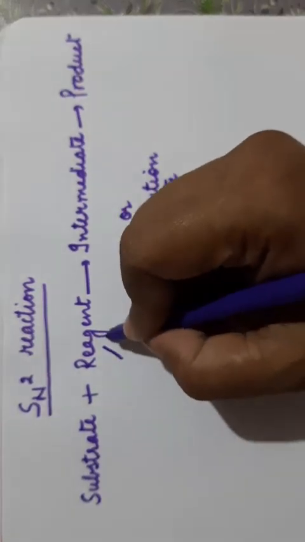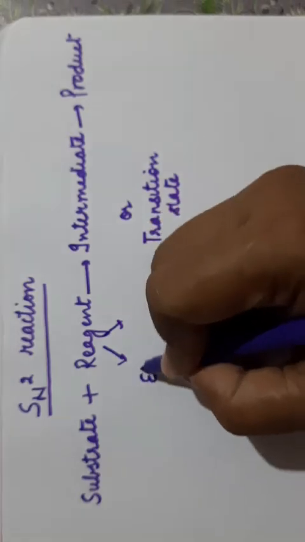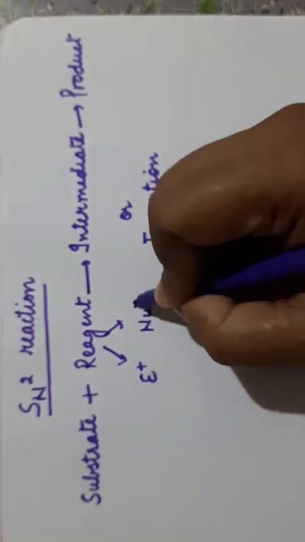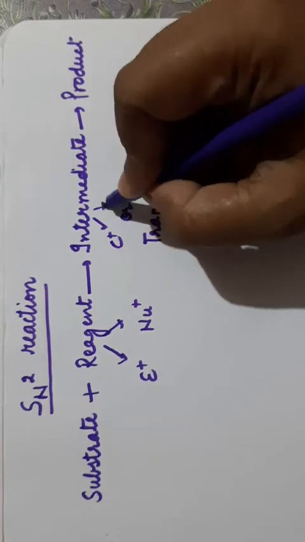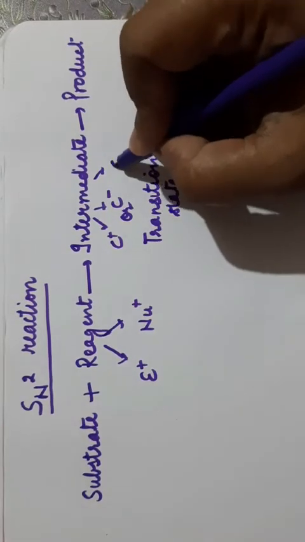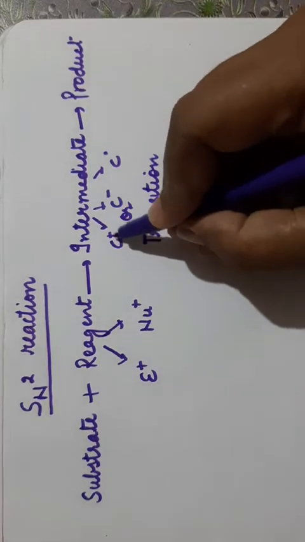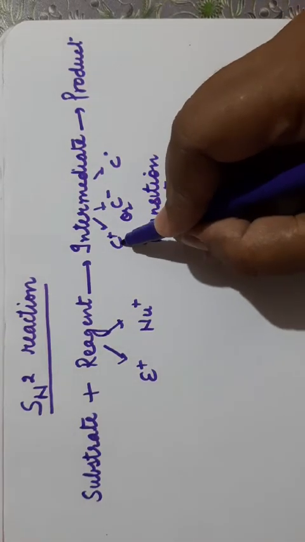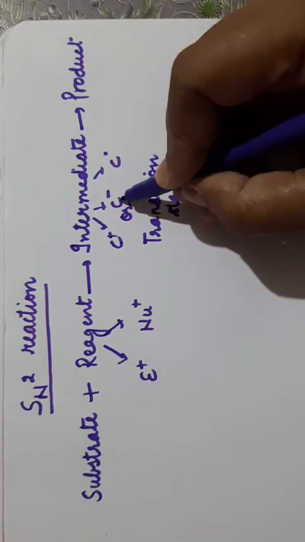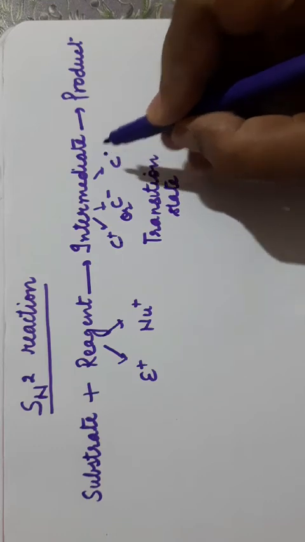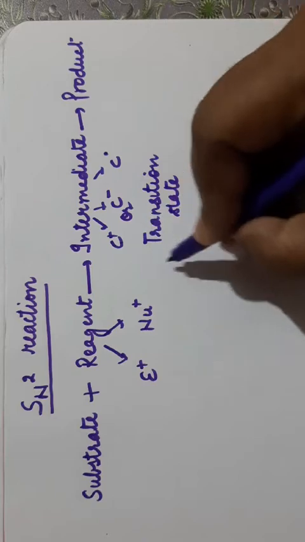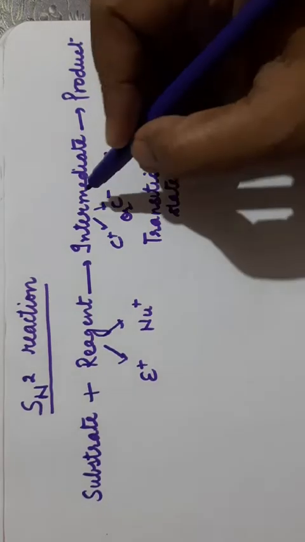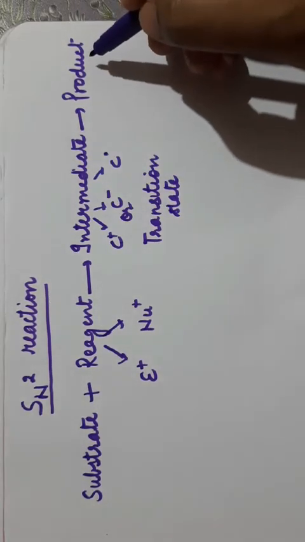Reagent may be electrophile or it may be nucleophile. Intermediate can be carbocation, carbanion, or free radical. That is, positive charge on carbon is known as carbocation, negative charge is known as carbanion, and a single or unpaired electron is known as free radical. Or there is a formation of transition state, and this finally leads to the formation of product.